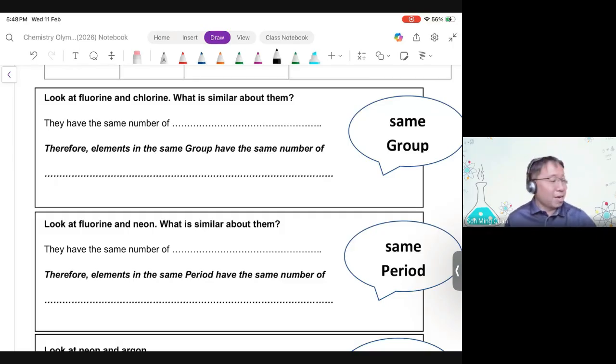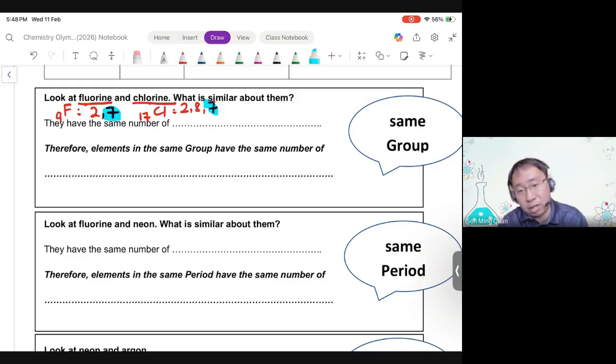All right. What is the electronic configuration for fluorine? Fluorine has 9 electrons, so it's 2, 7. Chlorine, 17 electrons, 2, 8, 7. So what is similar about them? Immediately you realize the 7 is similar, right?